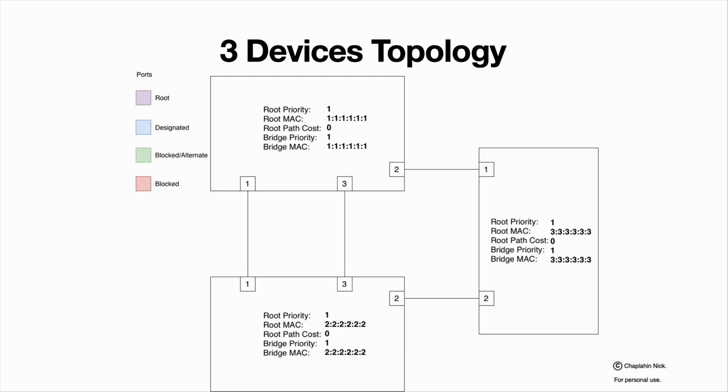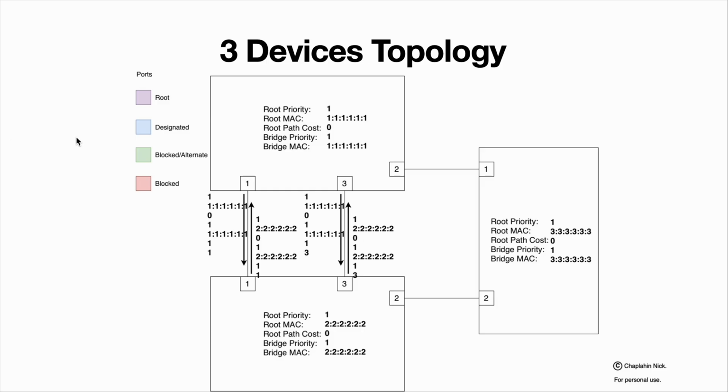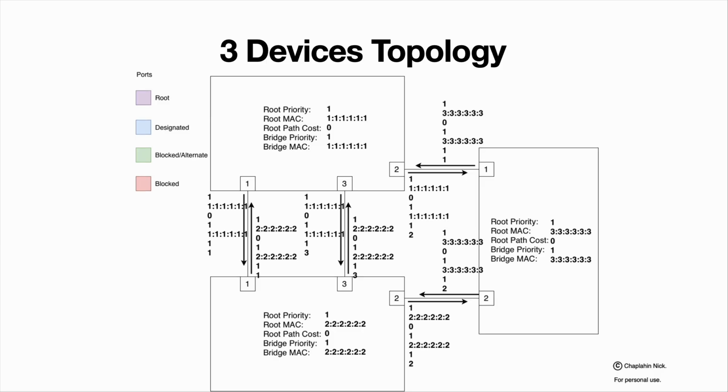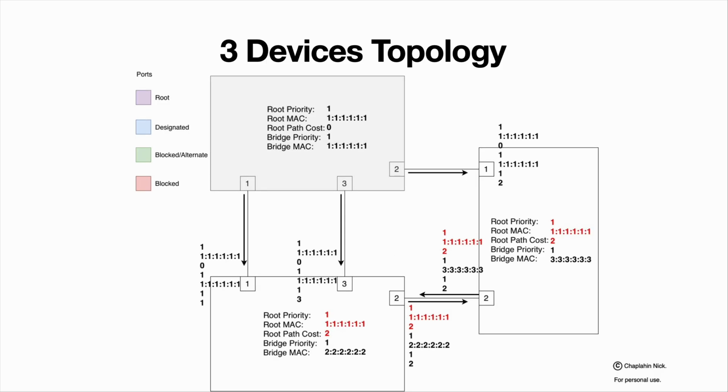All their ports are designated ports, so they start sending BPDUs with device information plus port identifiers added to each priority vector. We already know, and let's skip it, the long explanation why the device with the lowest MAC will become, or remain, root of the topology.